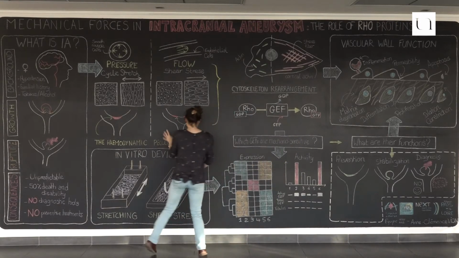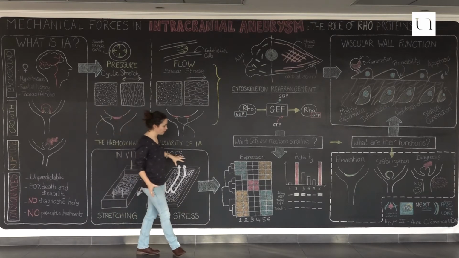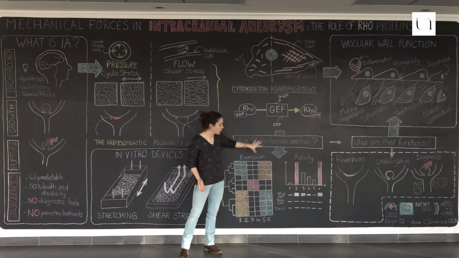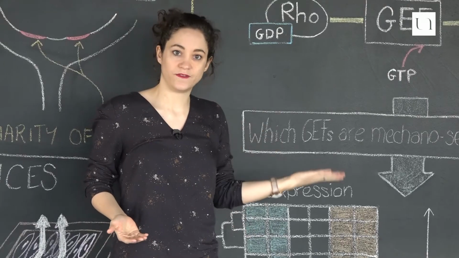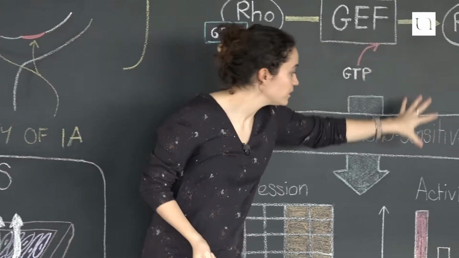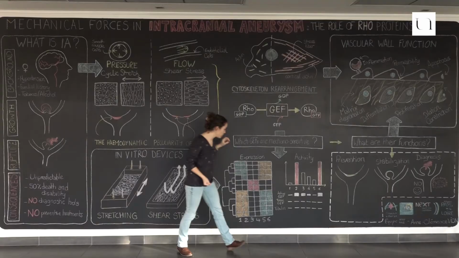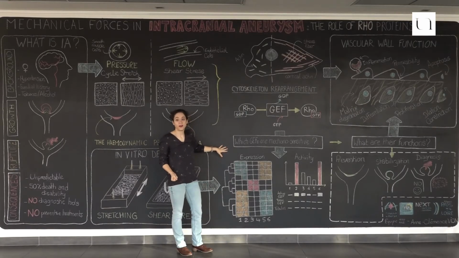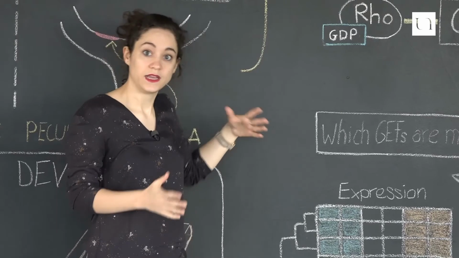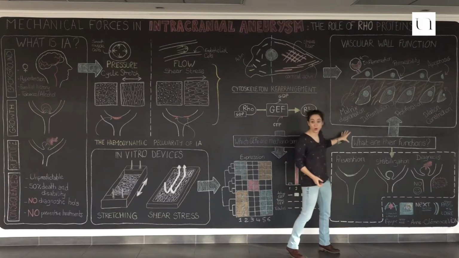And then, using these cells stimulated with these mechanical forces, I will compare the expression and the activity of these GEFs between physiological and pathological conditions to identify the ones that are mechanosensitive in our pathological context. And now the project is here, so we have already identified 3 GEFs that are mechanosensitive in smooth muscle cells or in endothelial cells, and now we want to know their function, their role.